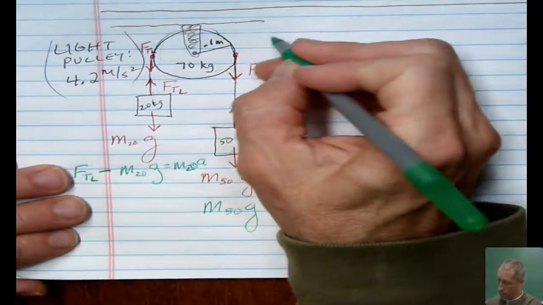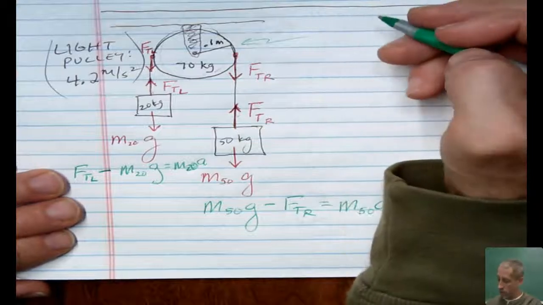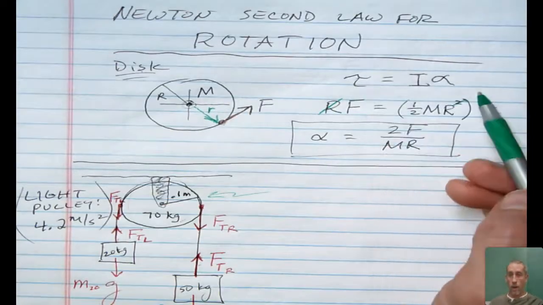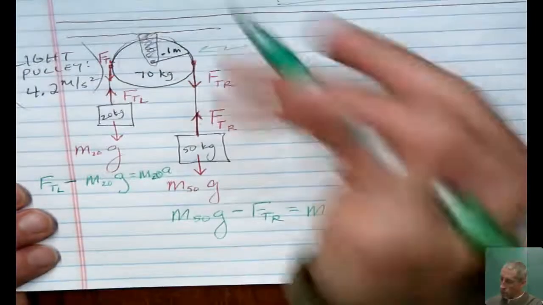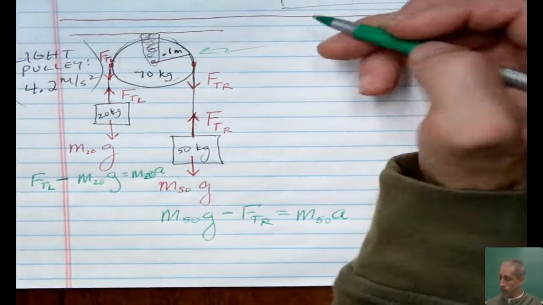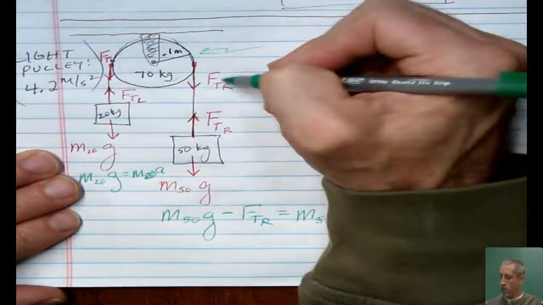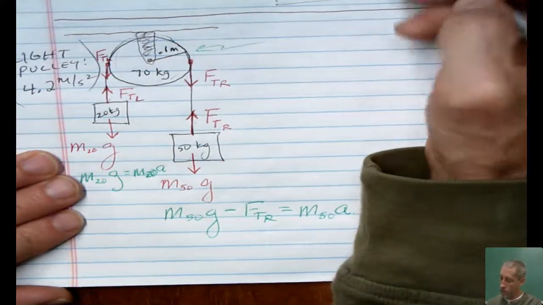Now, what about this? Here's our new idea. A Newton's second law equation for the rotation of the disk. It takes the form as it did up here of torque equals I times alpha. Well, what is the torque? It's really the difference in the two torquing forces. This one that's tending to torque it in the direction it's accelerating, and this one torquing it in the opposite direction.